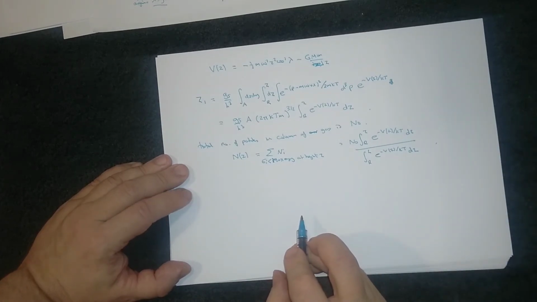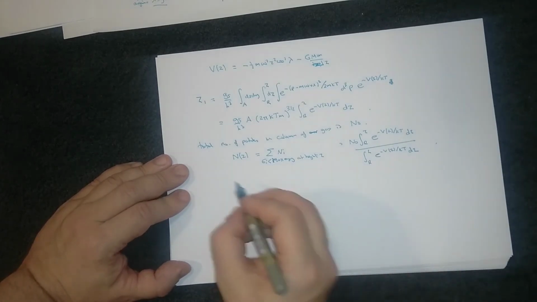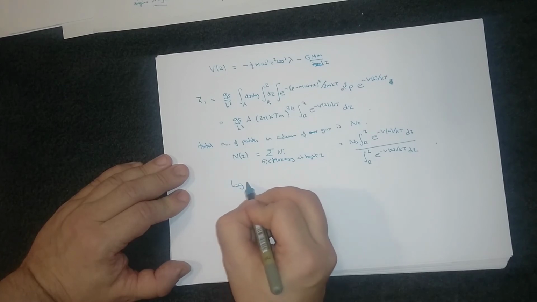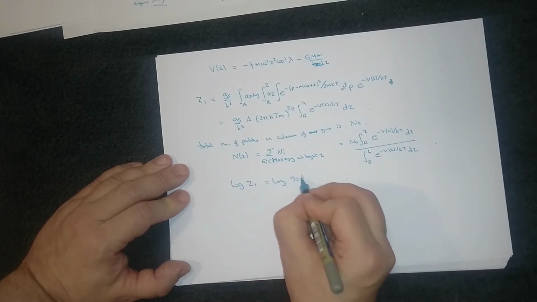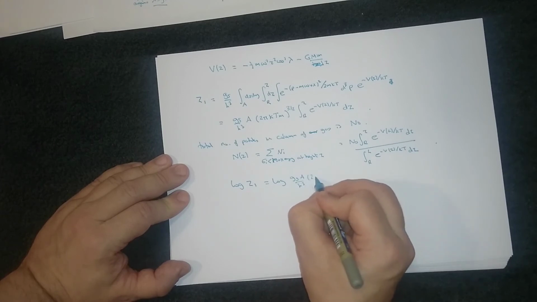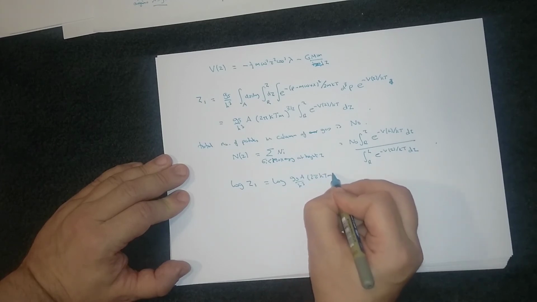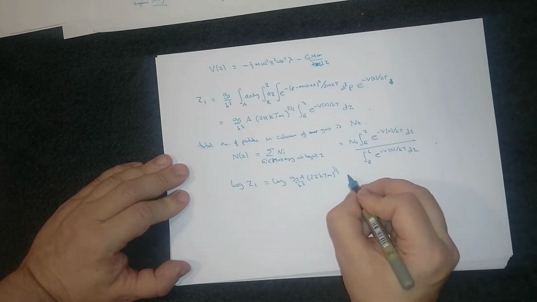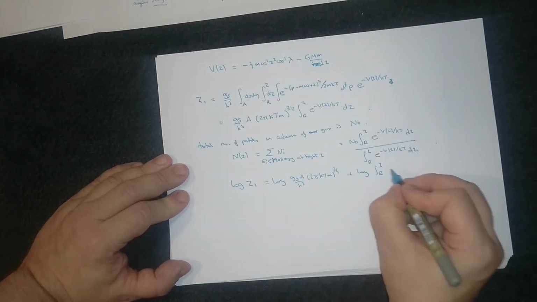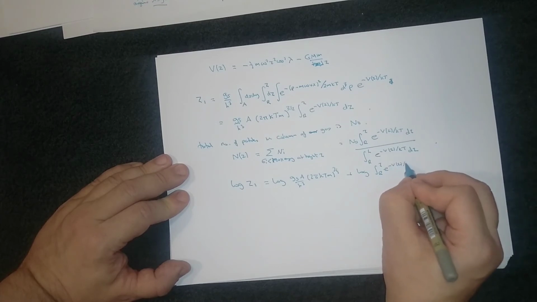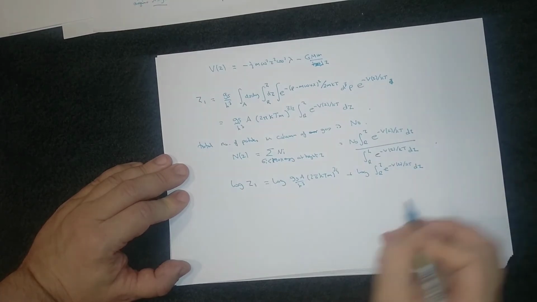So that's what we get. Log Z1 is log GSA over h cubed (2 pi kT m) to the 3/2 plus log of the integral from R to Z of e to the minus V of z over kT dz.